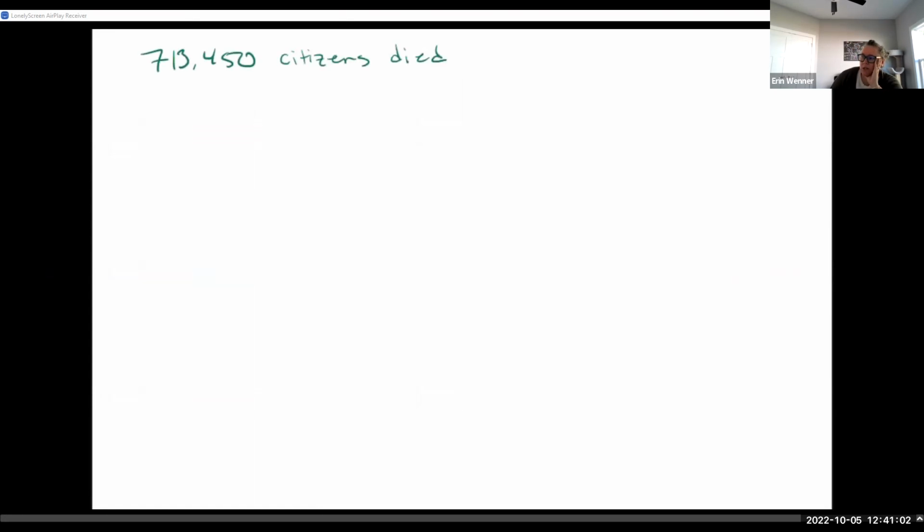Assuming the population of the country is 299 million. So remember, 299 million is giving us 299 times 10 to the 6th. What was the mortality rate in units of deaths per 100,000 people?